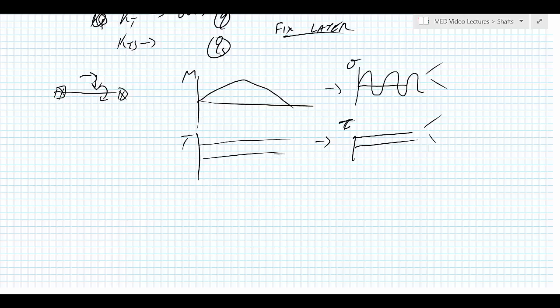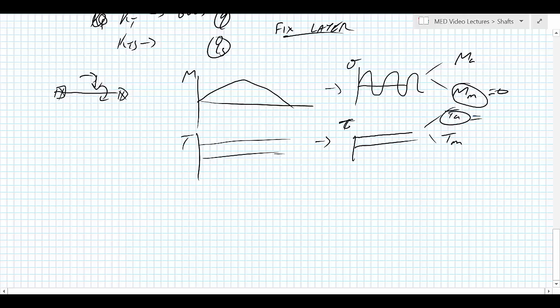We're going to have MA and MM and torque A and torque M, meaning the amplitude portion of the bending moment, how a stress element feels that bending moment at a particular time, and the same thing for torque. For many situations, fully reversed means that the mean bending moment is 0, and constant operation means that the alternating torque is 0. So we really just have those 2 values.